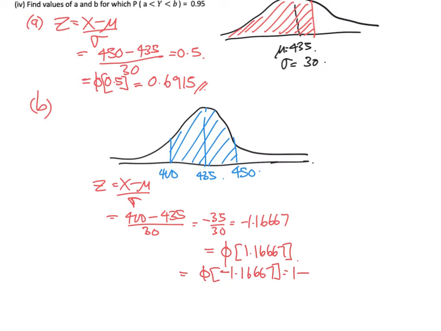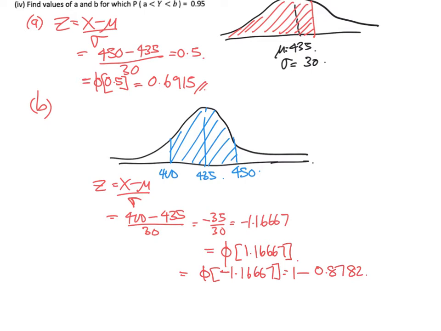From the table I'm getting 0.8770 plus 12, which is 0.8782.